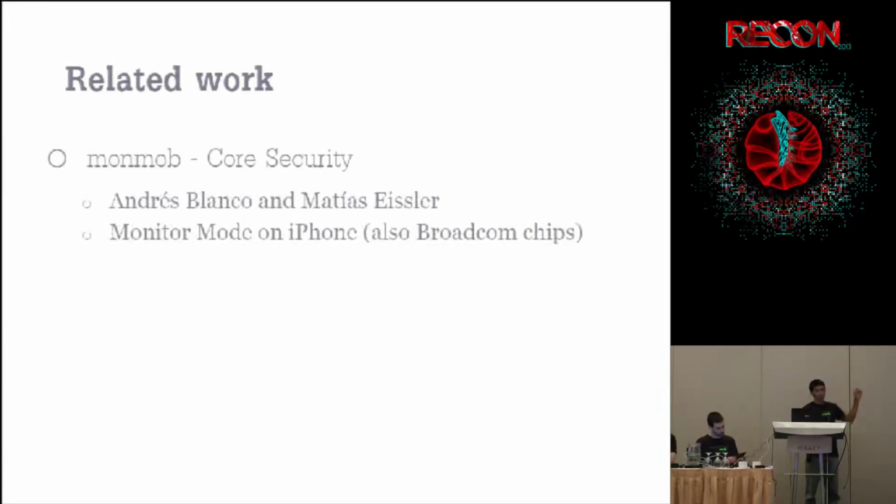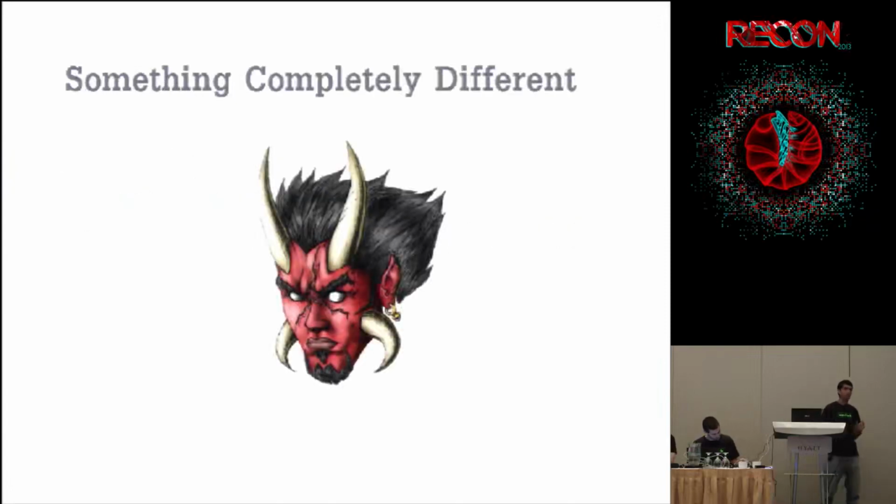At this point, we were fed up with monitor mode a bit, and we thought of doing something completely different for a while. We thought, well, we're already modifying the firmware, and we're doing all this stuff that it shouldn't do. Why not try and do some evil stuff as well? Evil layer, stuff like that.